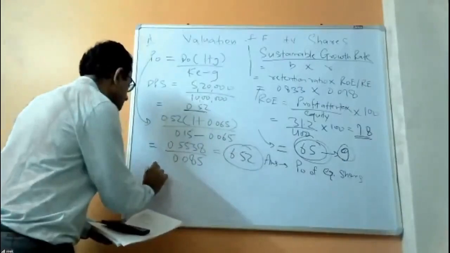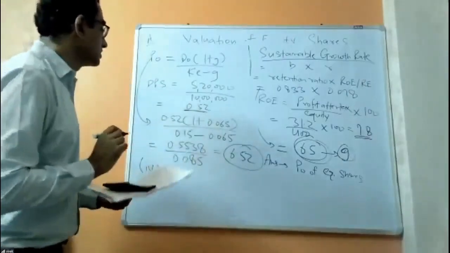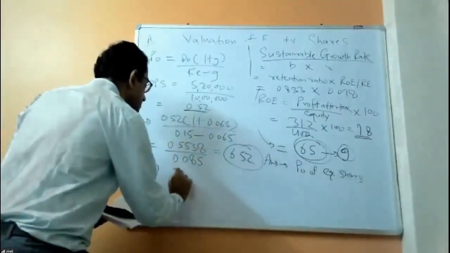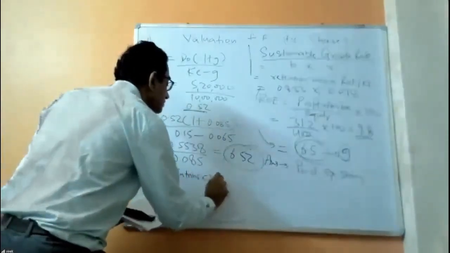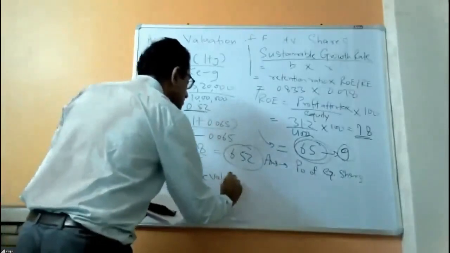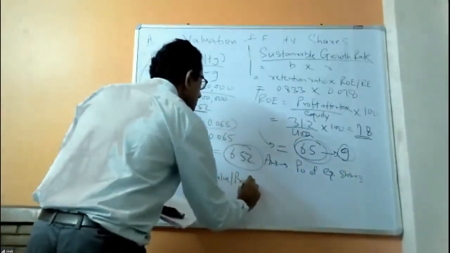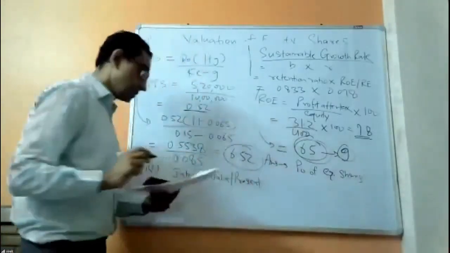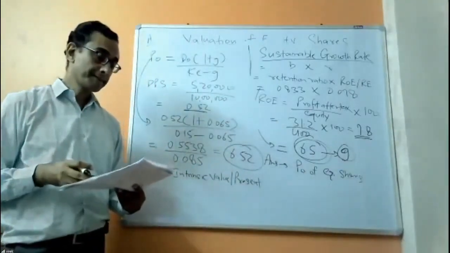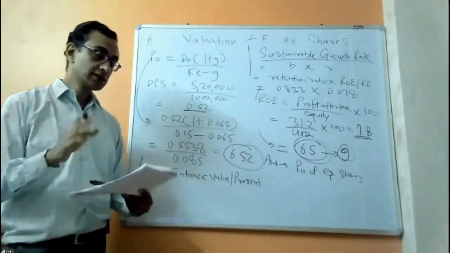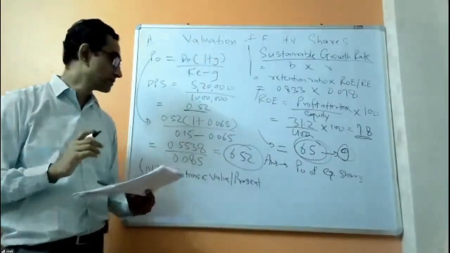Let us see. In this case, the intrinsic value, or you can say the present value, is either greater than the market price or less than the market price. The current market price of the share is given as 14.